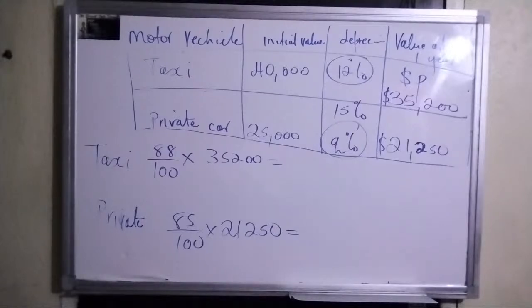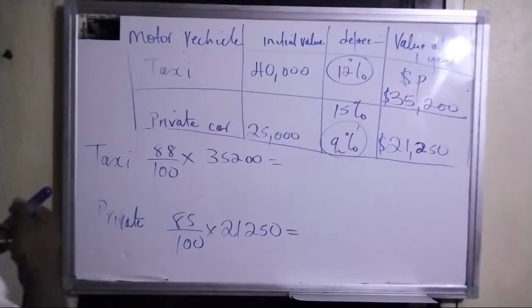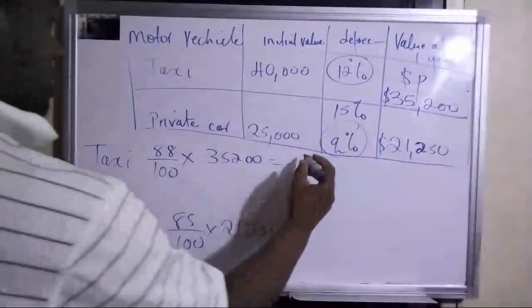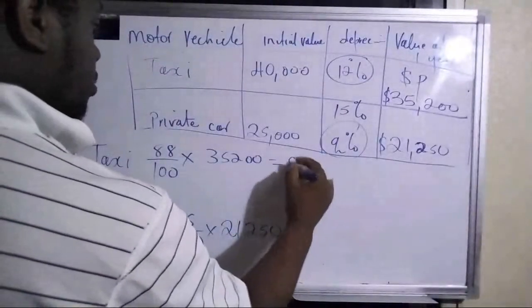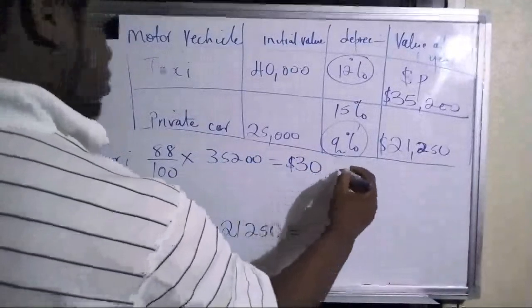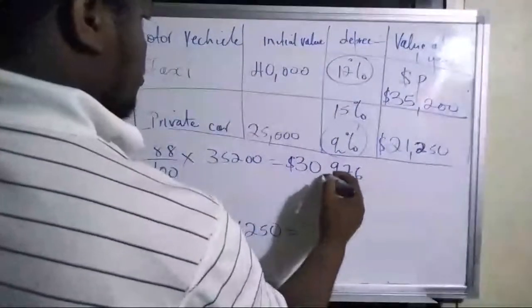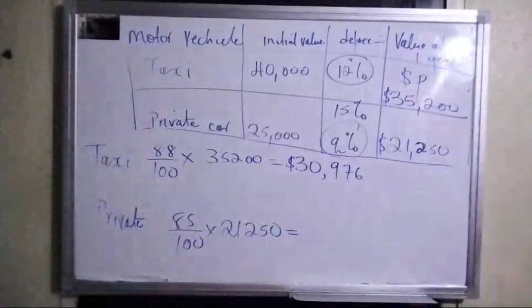So guys, this is paper 2, so you are allowed to use a calculator. Alright, so the value after 2 years would be 30,976, and that's for the taxi.